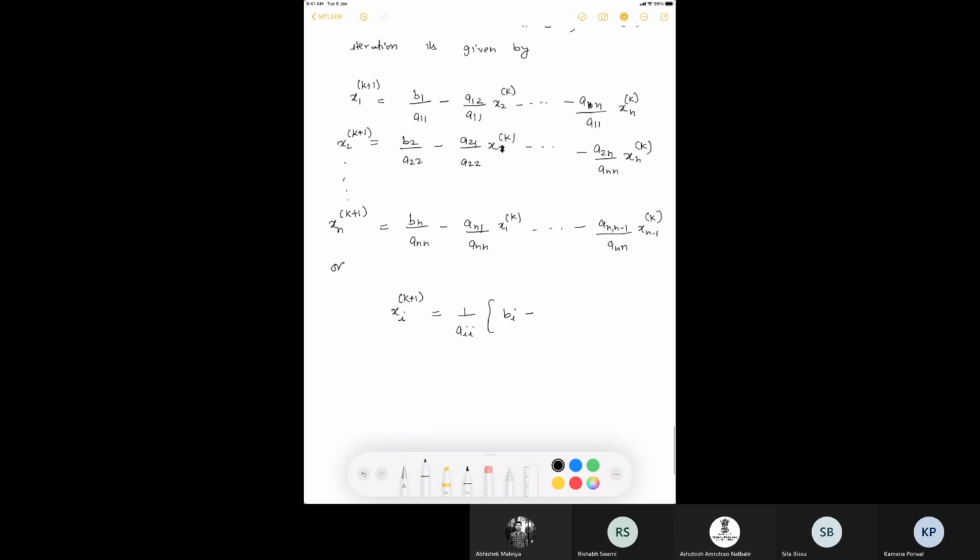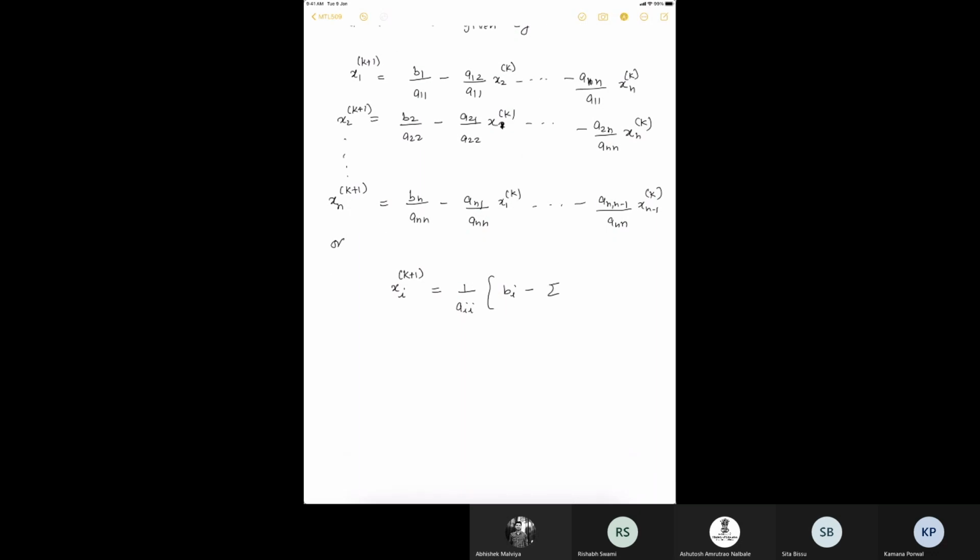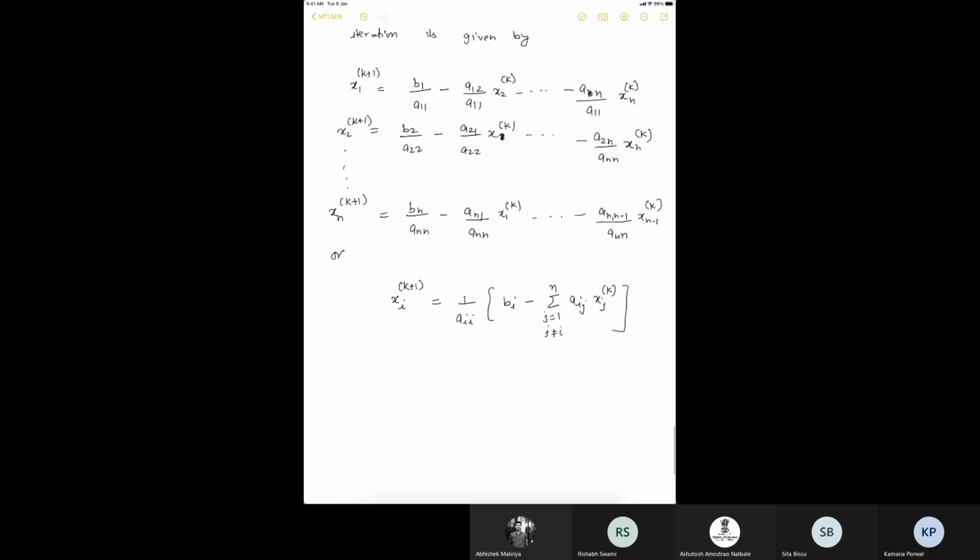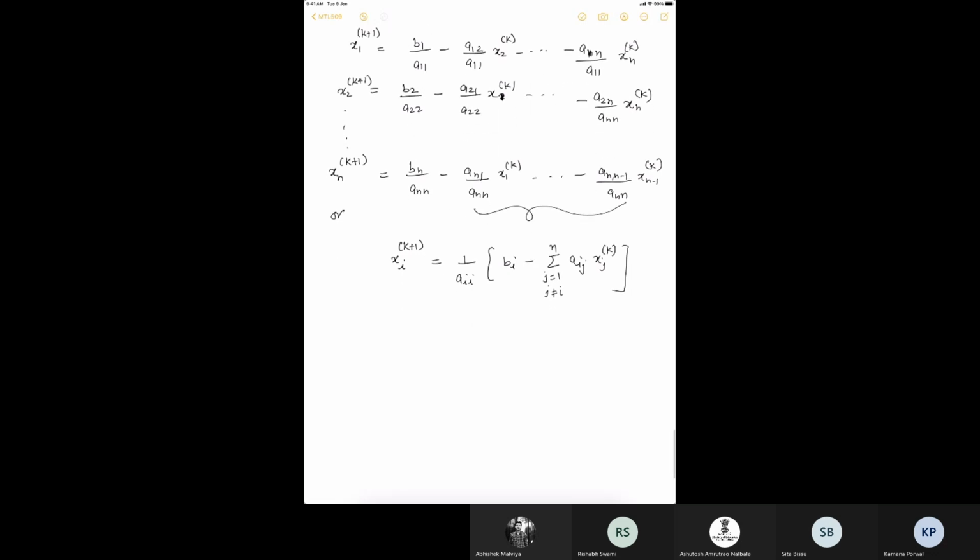So I'm going to compute xi, so other than the ith component, I will have all the components here, and this is going to be aij xj, kth iteration, and j is going to vary from 1 to n, with j not equal to i. Okay, so this is how I have written these terms in the form of this summation. And this is going to be true for each i from 1 to n.